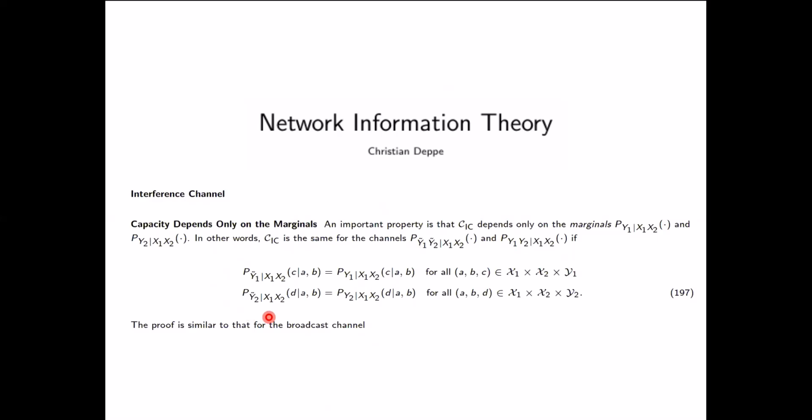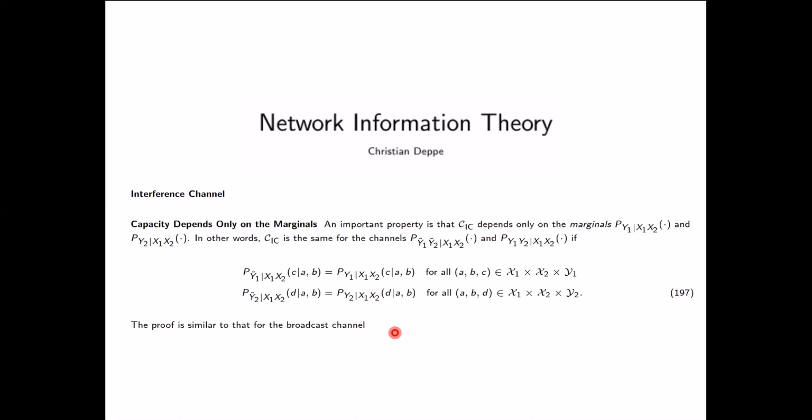And the proof is similar to that for the broadcast channel. You look at the sum of the error probabilities and the individual maximum of the probabilities, and then you can show that if one goes to 0, then the other also goes to 0, and if for one channel the probability does not go to 0, then the other cannot go to 0 either.